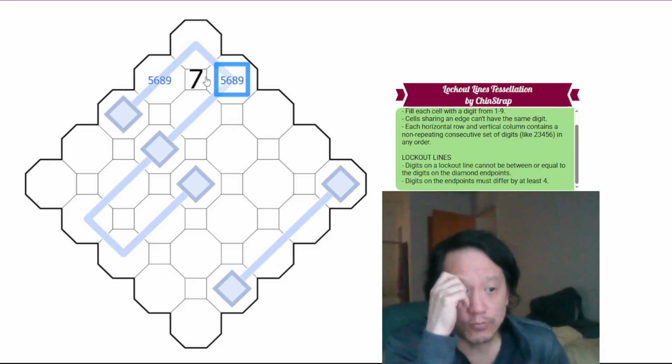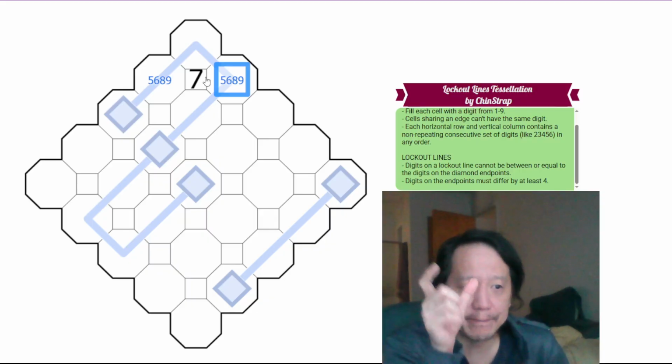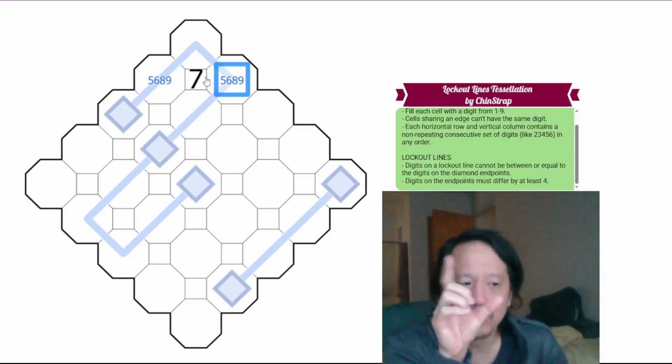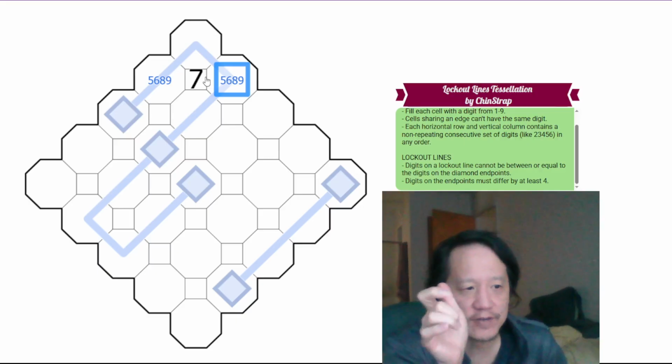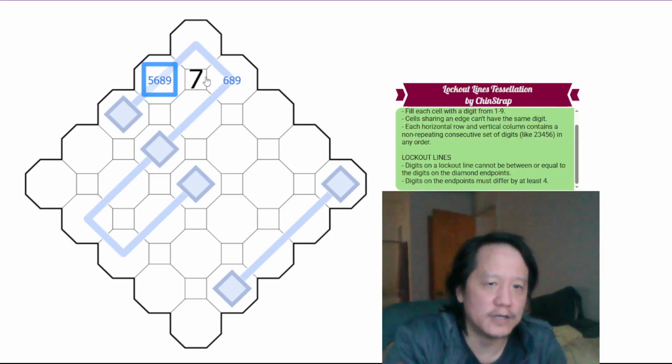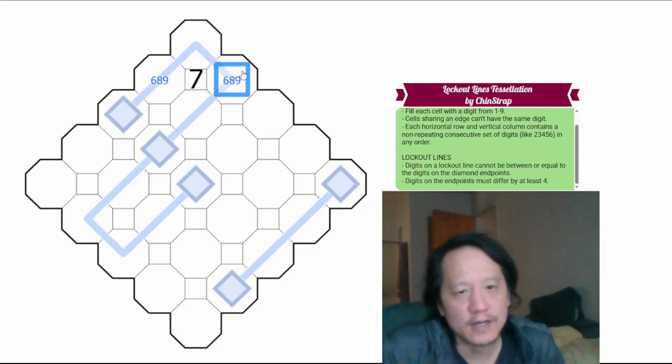That means it's either 1 and 5 at minimum or 5 and 9 at minimum. And you can increase the 5 from the 1 and the 5 to be 1, 6, 1, 7, 1, 8, 1, 9, or 2, whatever, up to 5, 9. But 5 can never be on the lockout lines at all.